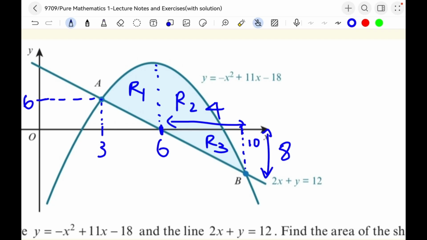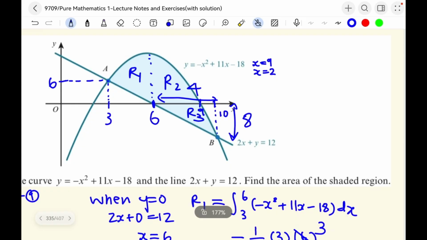So just solve the quadratic equation for the quadratic function, I mean the quadratic function for this curve. The roots are x equals 9 and 2. So we should take the bigger one to make it sensible. So this is 9 for sure.